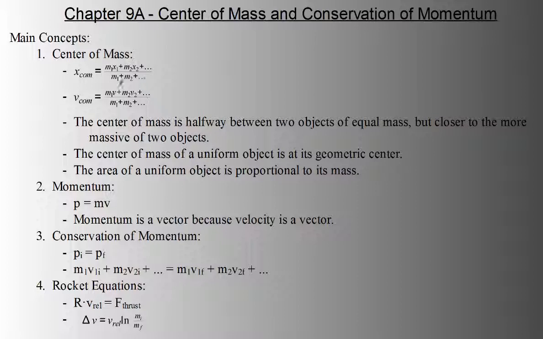But there is a way to calculate an object's center of mass, and here's an equation using point-like objects as the masses. You'll also notice that you can replace position with velocity, and you could also do that with acceleration, to get the velocity of the center of mass of an object.